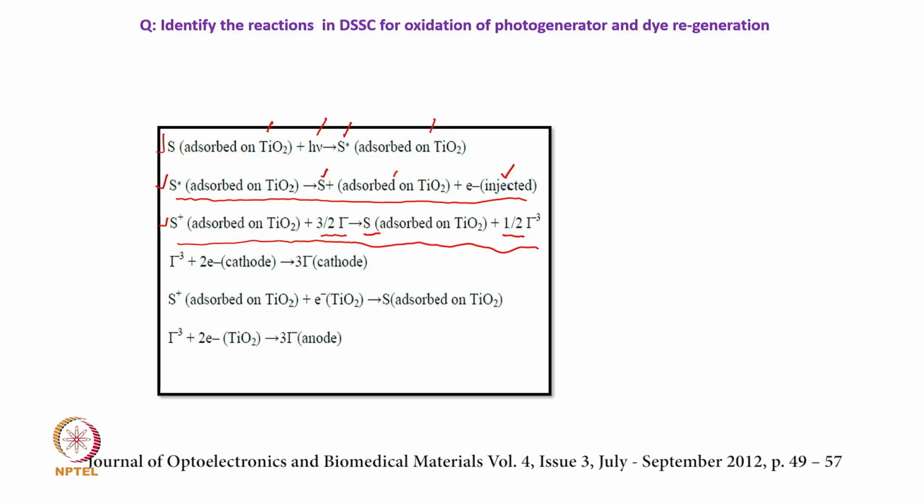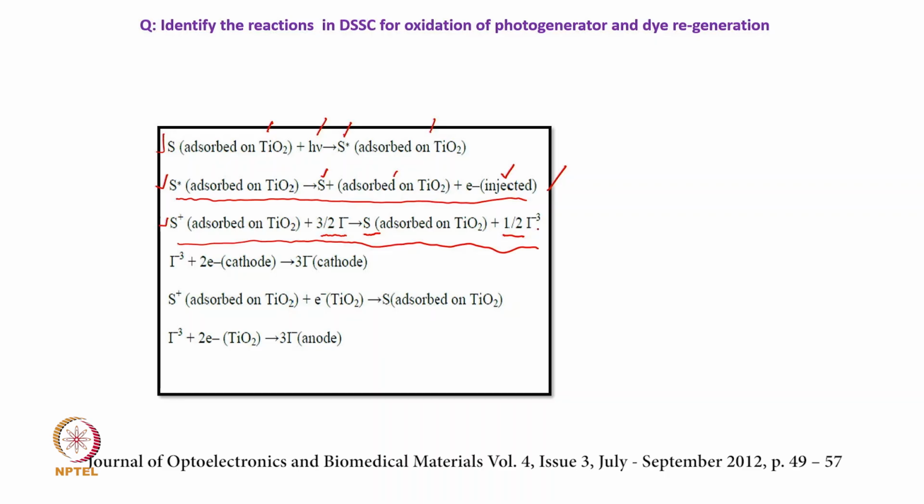We consider the first one as either the injection of electron in TiO2 or, the same way, as S star gives an electron to the TiO2, it gets oxidized. So, these are the two steps which are asked in the question, but of course, we should look at all other steps also.